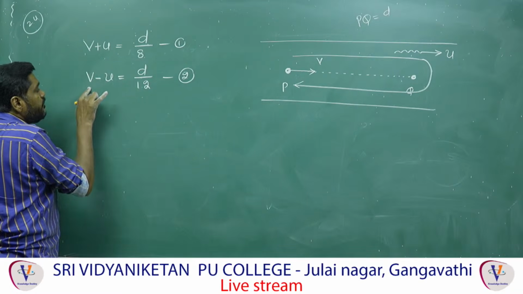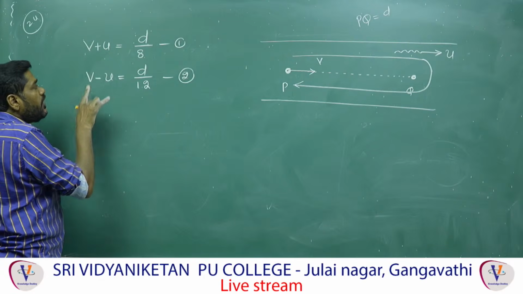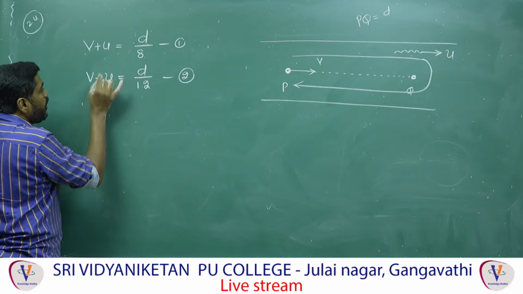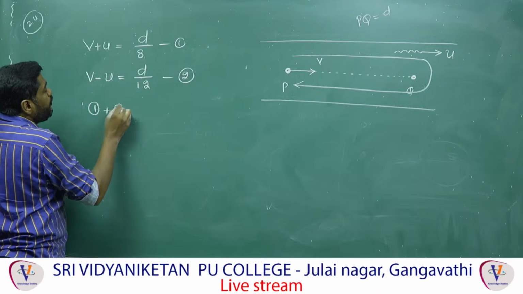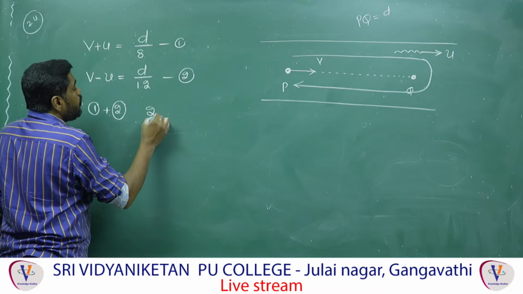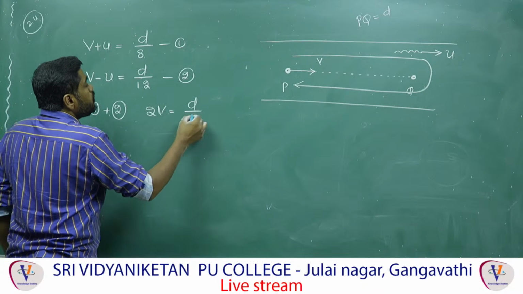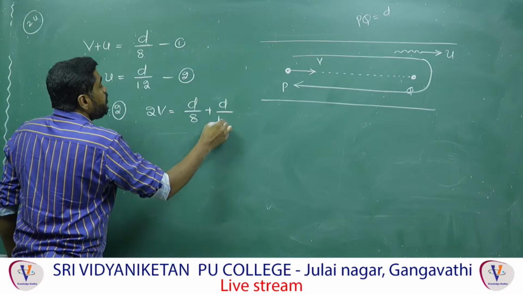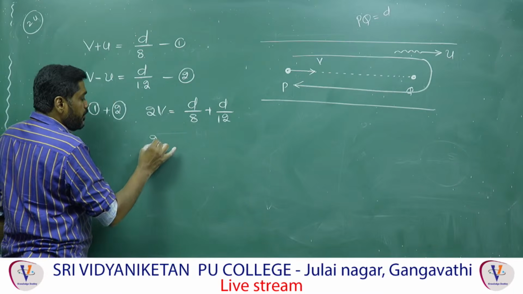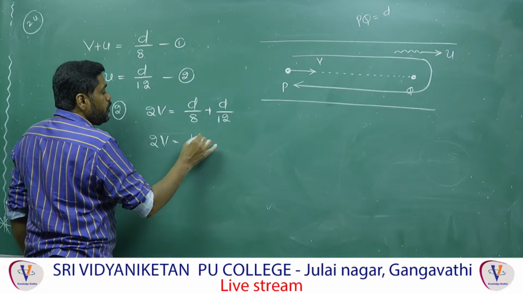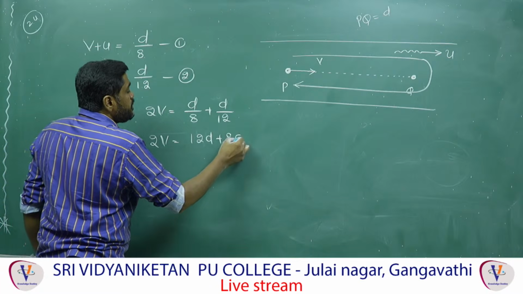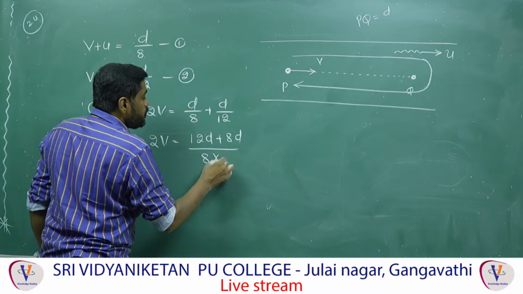And V is nothing but the velocity of the boat we have taken. Therefore if you add equations 1 and 2, you can get 2V is equal to D by 8 plus D by 12. So finally 2V is equal to (12D plus 8D) by (8 into 12).